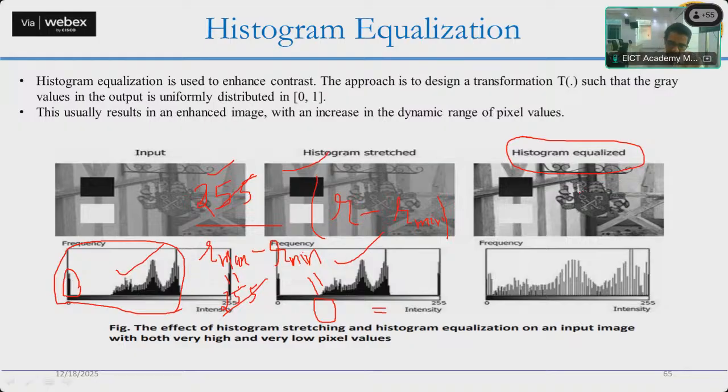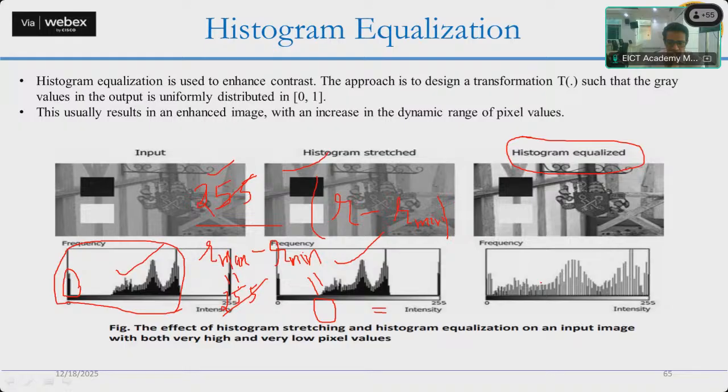Now it is clear where we need to apply histogram stretching. So now we see another thing: histogram equalization. What is happening here? In histogram equalization, the values start from zero, and the shape has also been changed. It is uniformly distributed and has spread across, increasing the dynamic range of pixel values. What is important is that it is uniformly distributed.